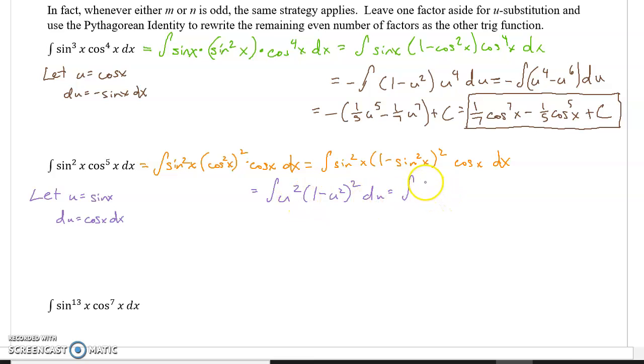So we've got u squared times 1 is u squared, u squared times negative 2 u squared, so negative 2 u to the fourth. And then u squared times positive u to the fourth is going to be u to the sixth. So 1/3 u cubed.